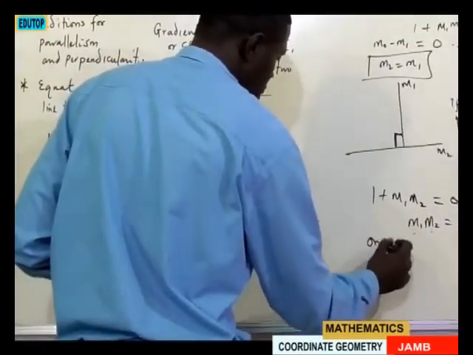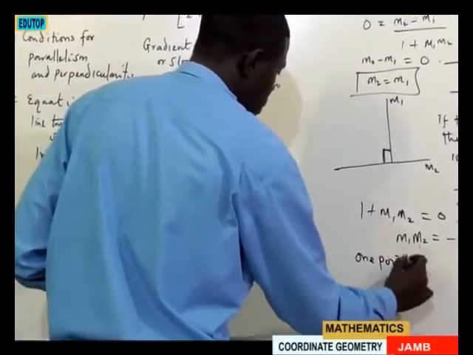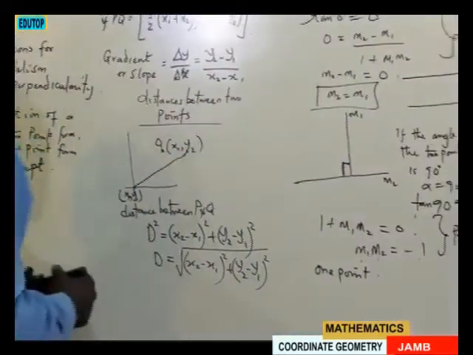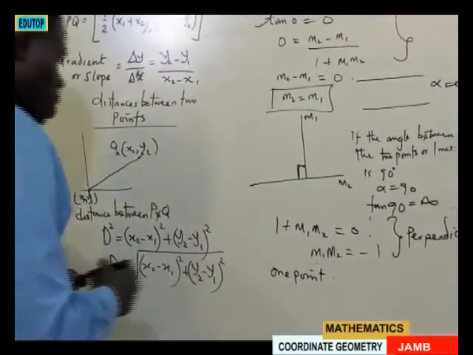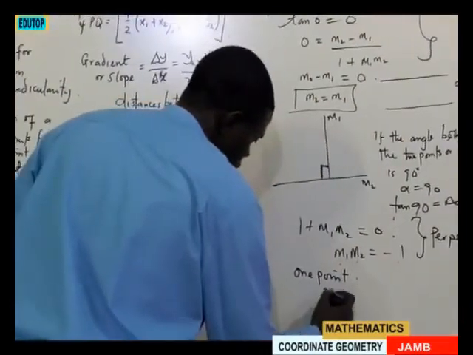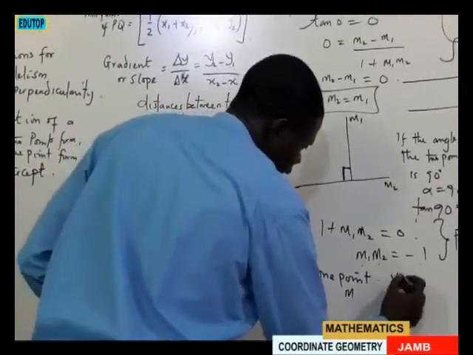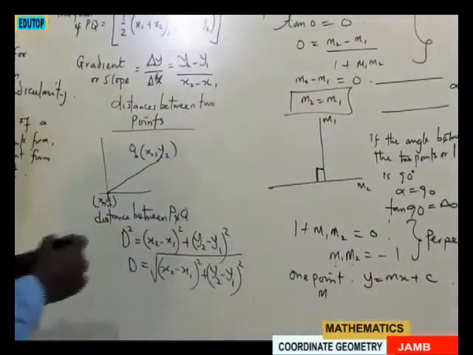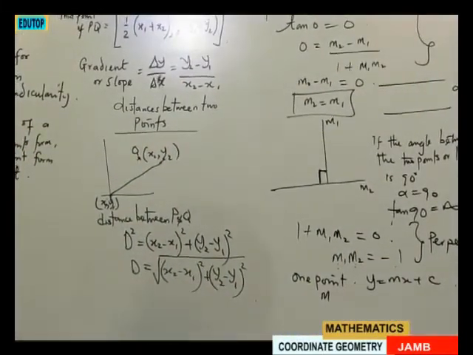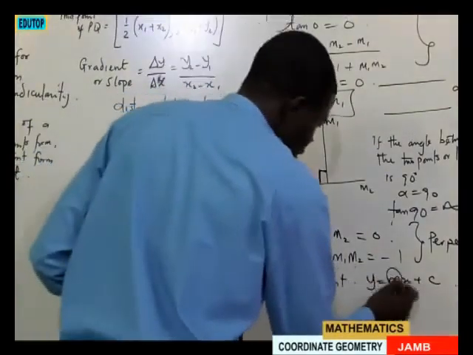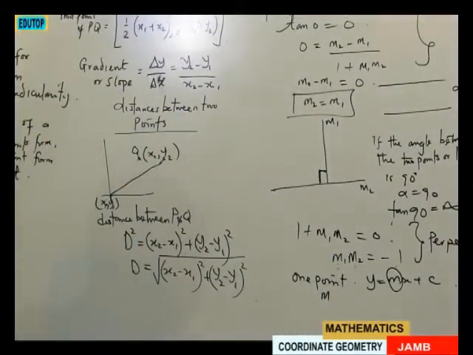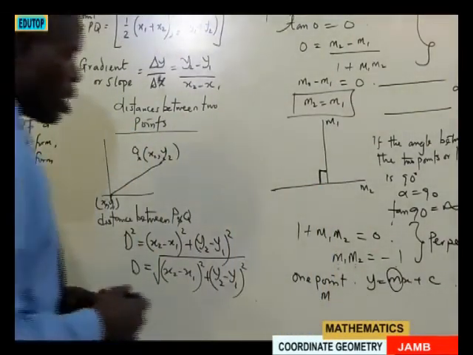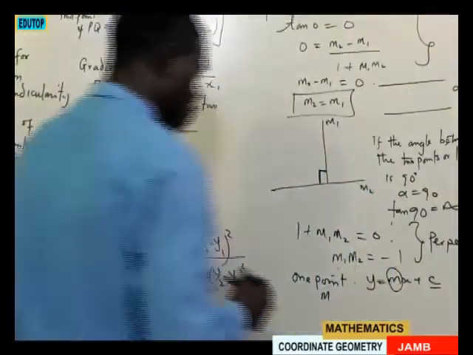Then the equation of a line, we have the one-point form. The equation of the line is y equals mx plus c anywhere in the world, where m is the gradient and c is the what?